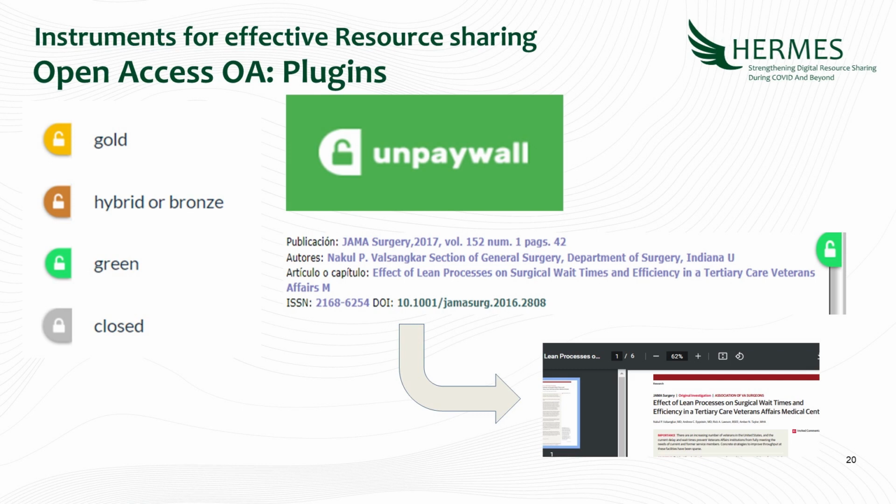So if you install this plugin in your browser, when there is a DOI on the screen, it shows you immediately if it's in open access. A lock appears on the screen.